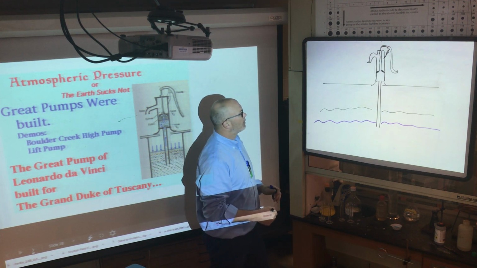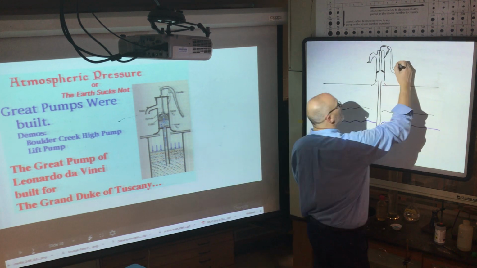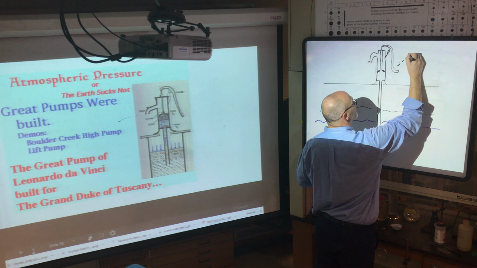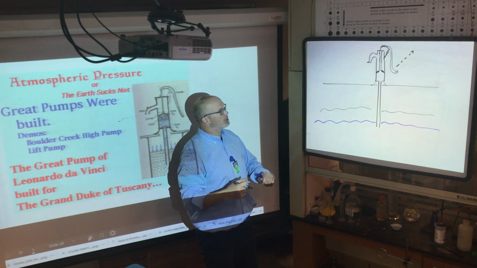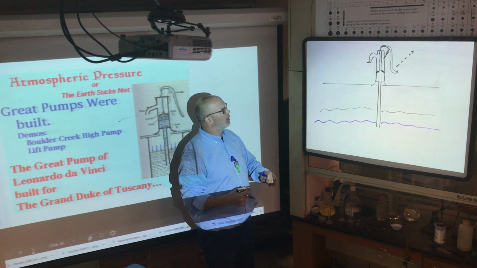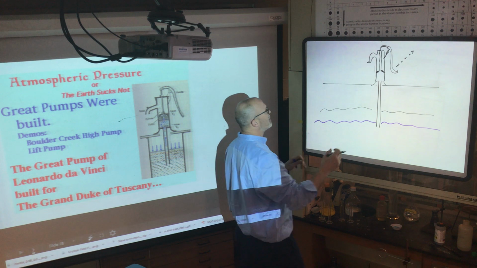So how the pump works is pulling the handle up, and the handle goes up this way. You with me? Now, if the handle goes up, where's the plunger going to go? You're going to have to squeeze it. Okay, so I guess we want to squeeze it.